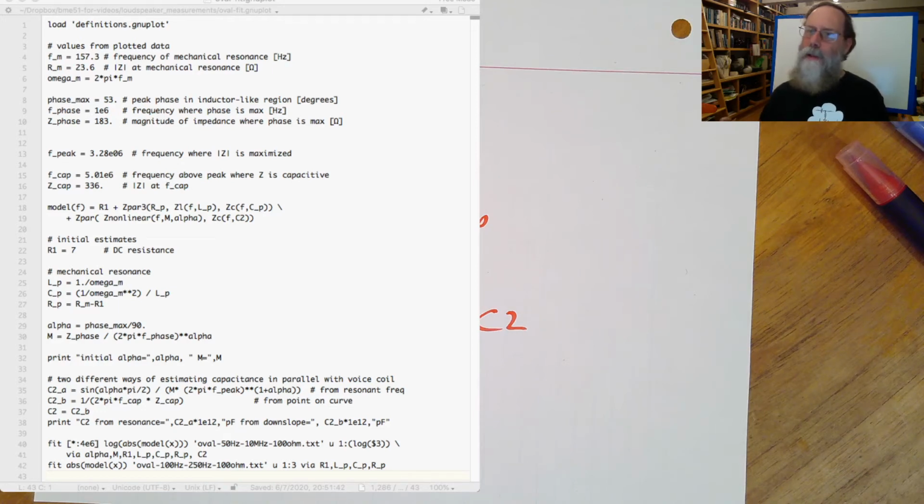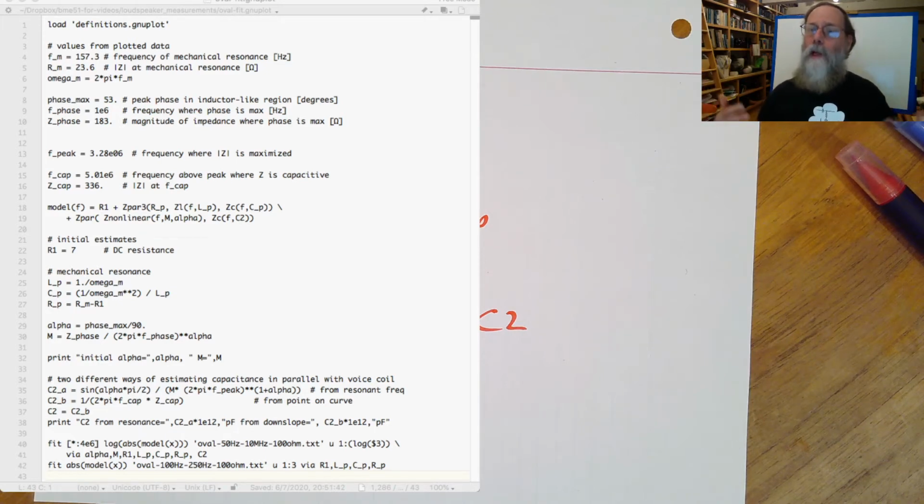And then because I wanted to do the fit, treating all parts of the curve as equally important on the Bode plot, that means that I don't want a 1 ohm error at the low end to mean the same thing as a 1 ohm error at the high end. 1 ohm out of 7 ohms is a huge difference. 1 ohm out of 200 ohms or 300 ohms is not a big difference.